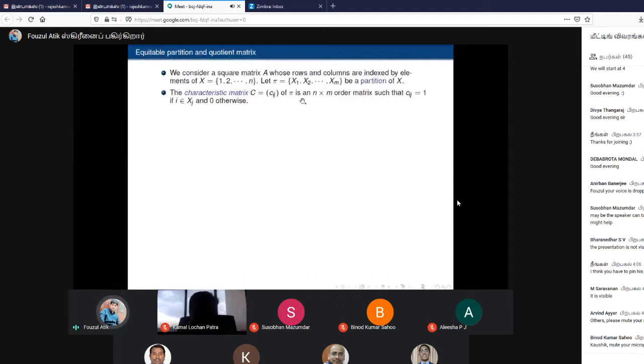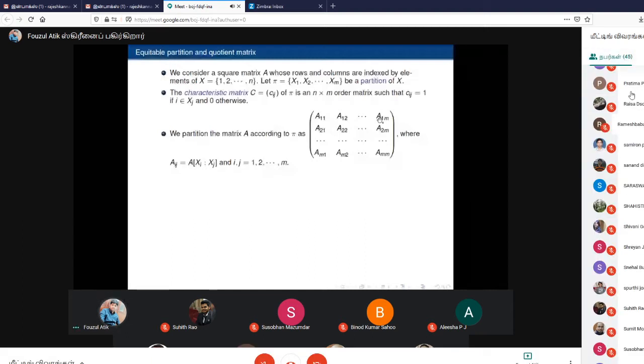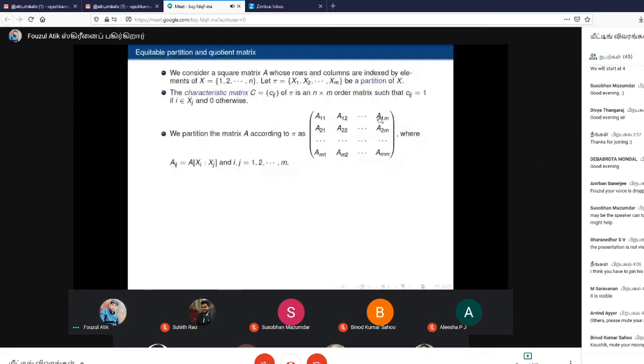We partition the matrix A according to pi. The whole matrix A is partitioned into block form in this way: A11, A12, and so on. Here A11 is a matrix whose rows and columns are indexed by X1.